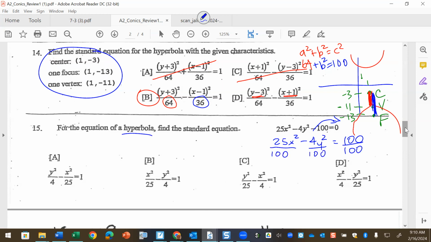So X squared over 4, got one here, got one here. Oh, this is minus, that one's gone. And y squared over 25 looks like D is our answer.